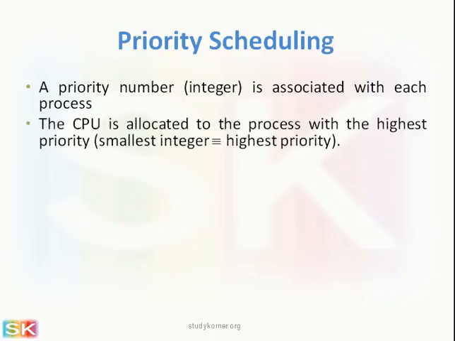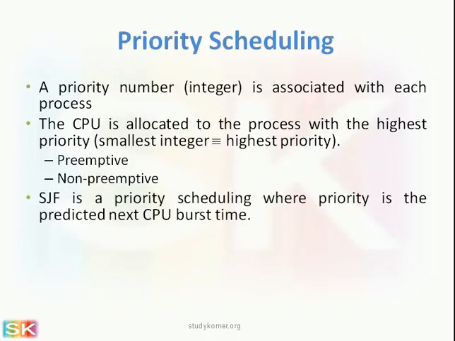The CPU is allocated to the process with the highest priority. We assume that the smallest integer gives you the highest priority. So again it can be of two types, preemptive and non-preemptive.